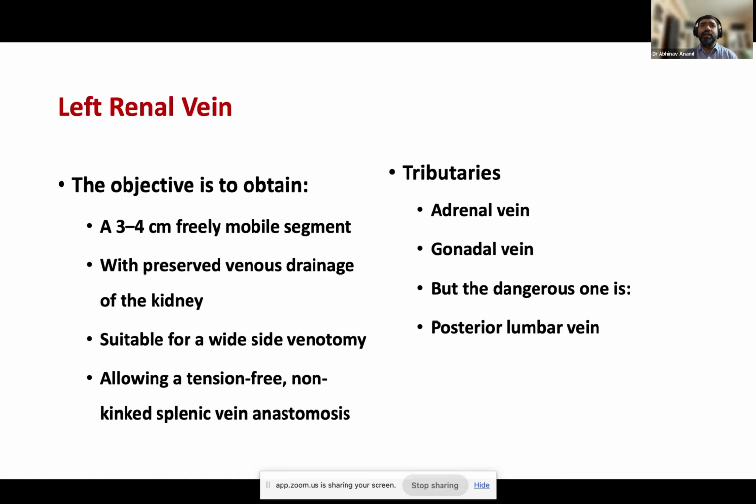Going medially I could see the adrenal and the gonadal tributaries. We generally divide the gonadal tributaries. The adrenal tributaries may or may not be divided depending on the caliber, the lie, and how much it is disturbing our anastomosis. Then with that exposure I apply the clamp.